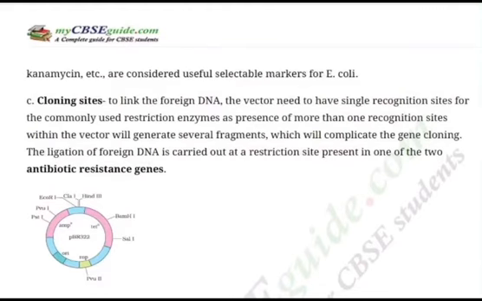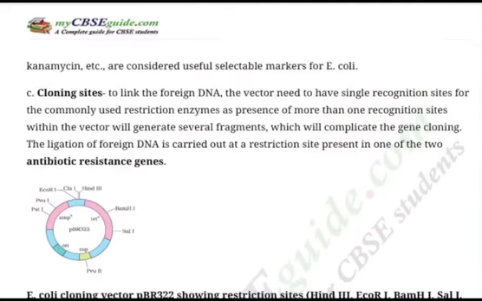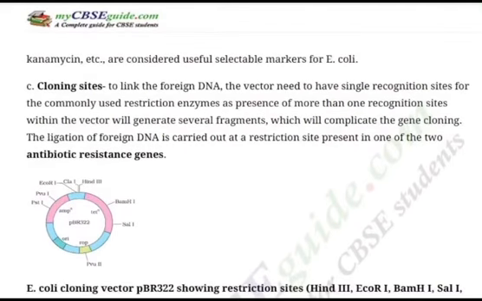You may recall that we were talking about the tools of recombinant DNA technology. DNA, as all of you know, is a polymer of nucleotides, and DNA is present inside the chromosome. When we talk of recombinant DNA, we are adding some foreign piece into the DNA, and that becomes recombinant DNA.